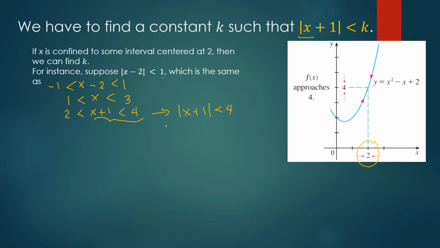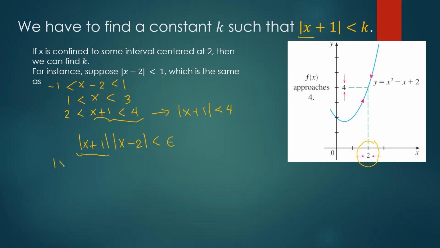So, anong gagawin natin? Balikan natin yung kanina. We had absolute value of x plus 1 times absolute value of x minus 2 is less than epsilon. Now, this is less than 4. Sabi natin, this is less than 4.